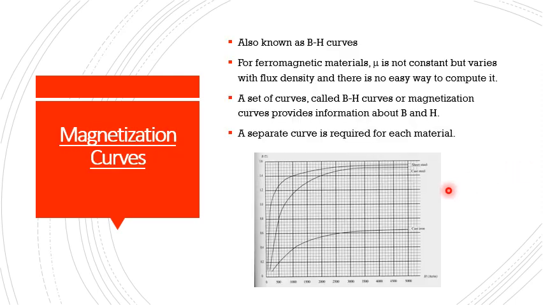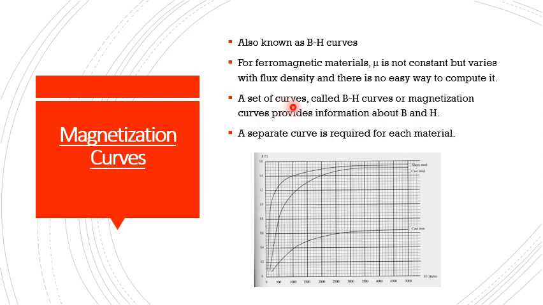Okay, now we see the magnetization curve, or BH curve. Because for ferromagnetic material, mu is not constant but varies with flux density, and there is no easy way to compute it.